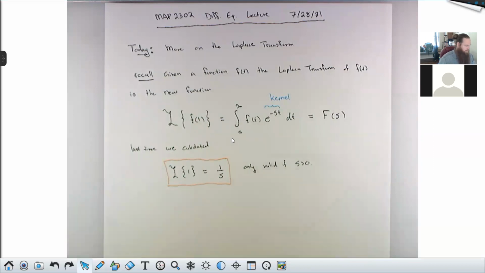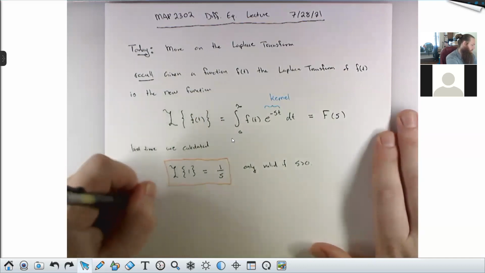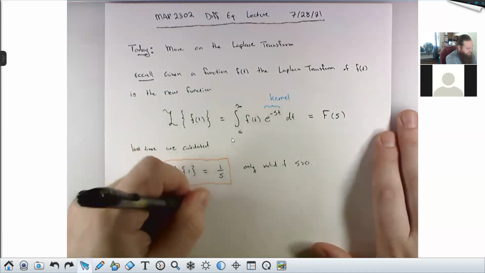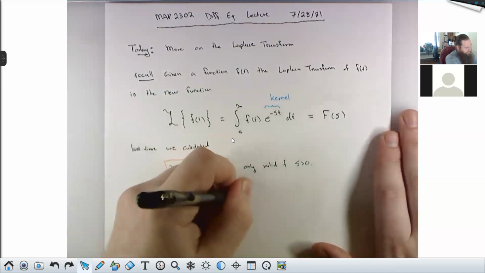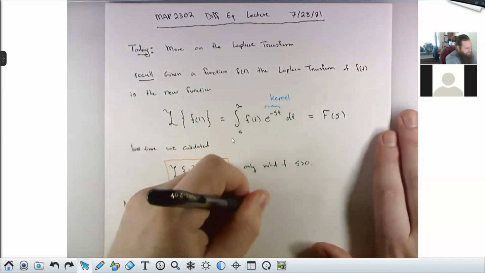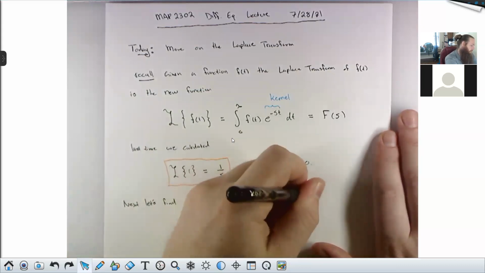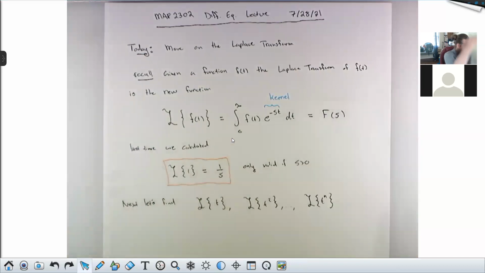Since we've already done one, and that's sort of a power function, let's see if we can find the Laplace transform of t itself, t squared, and see if we can get an idea of the Laplace transform of t to the n in general. So I'll do t, and then maybe jump straight to t to the n. And then we'll prove linearity.